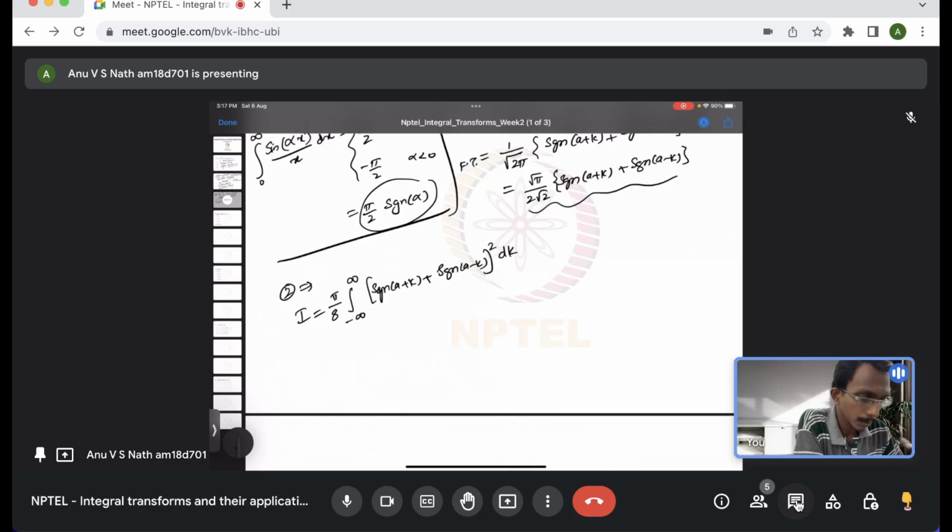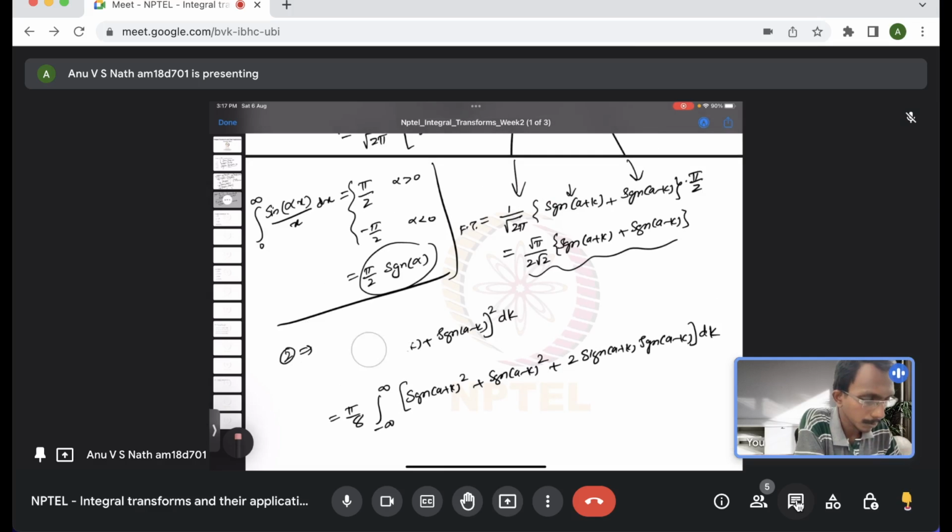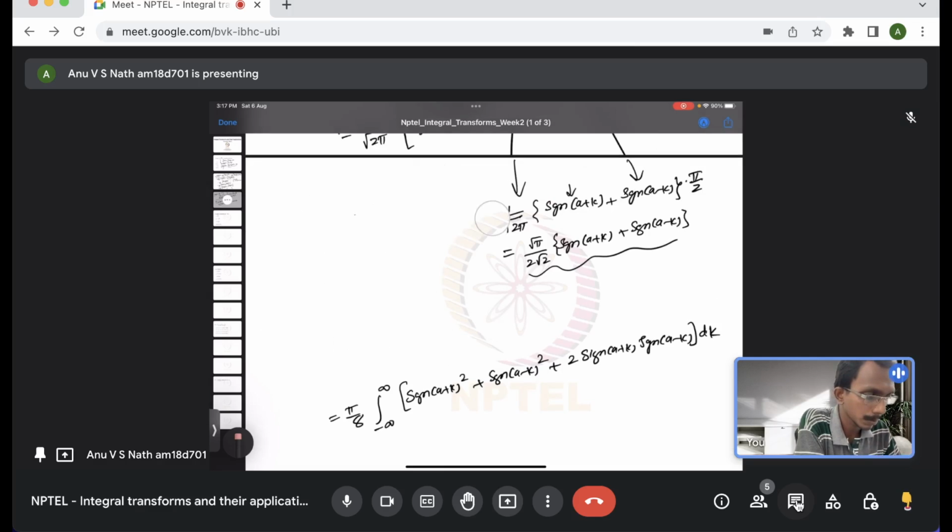So now we expand the terms inside the integral using binomial expansion. It's sign of (a plus k) squared plus sign of (a minus k) squared plus 2 sign of (a plus k) times sign of (a minus k) dk. Okay, let me erase some parts in the top so that I can finish everything in this page itself.